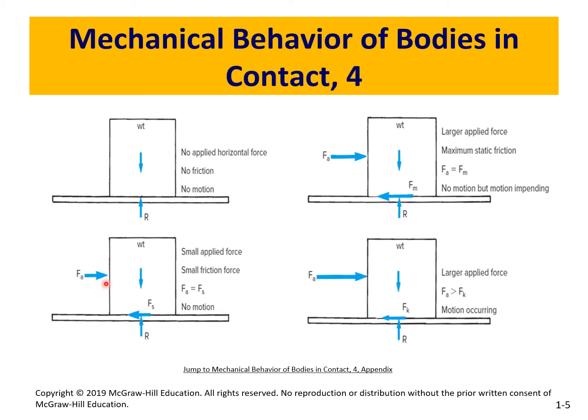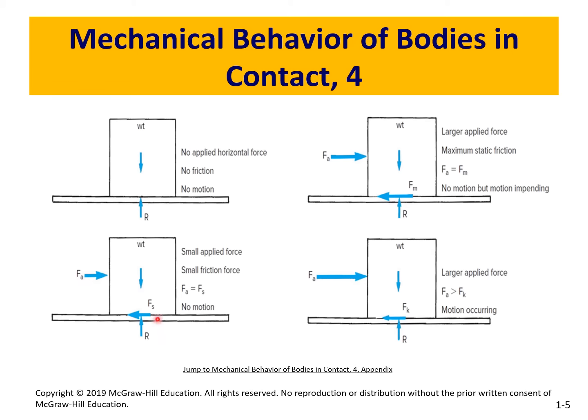Because the force is small, it's not going to move the object, so we have a small friction force. And because the system is still not moving, the box is not moving, we have equilibrium, which means that FA, the applied force, is equal to the friction force, because the summation of forces on the x-axis should equal 0, and also the summation of forces on the y-axis should equal 0.